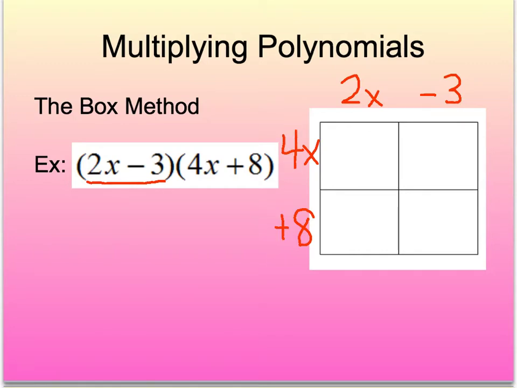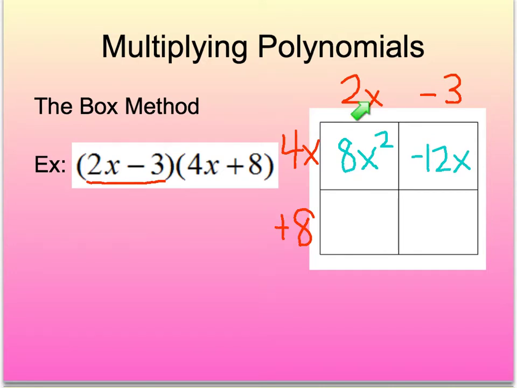Okay, so now we're going to multiply these together to fill our box up. So I do the first one just like I would a multiplication chart or a Punnett square. I'm going to do 4x times 2x, and that gives me 8x squared. The next term I'm going to find is the 4x times the negative 3, which gives me negative 12x.